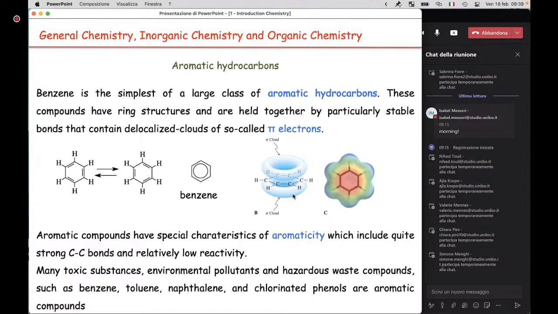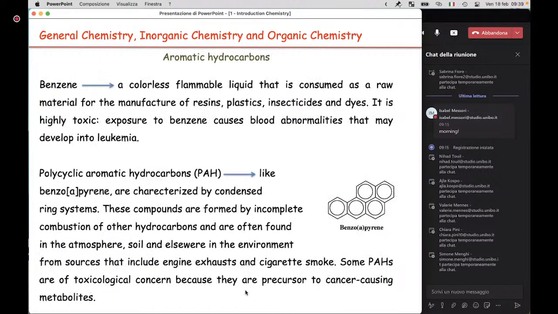So aromatic hydrocarbons are quite reactive compounds that can produce toxic derivatives. In fact, we can find many toxic substances, pollutants and so on, that are aromatic compounds. They are quite frequent as pollutants.